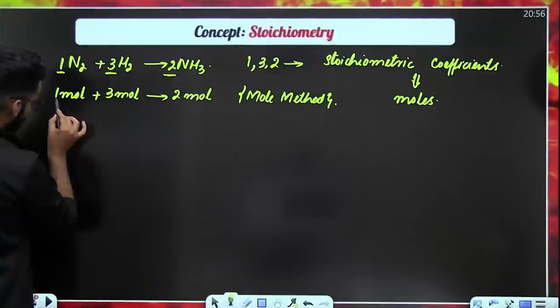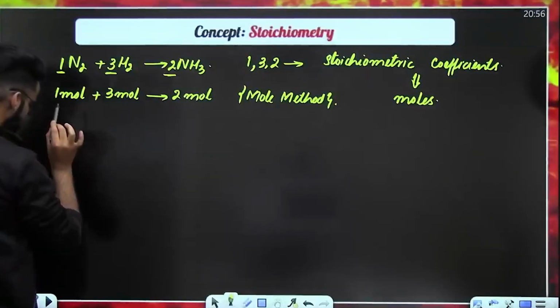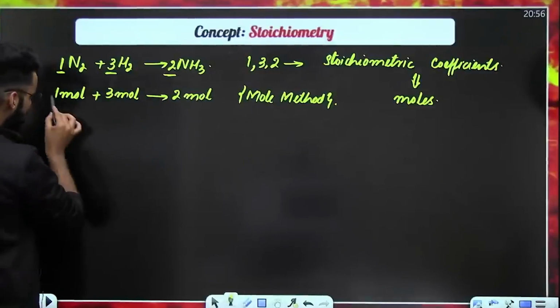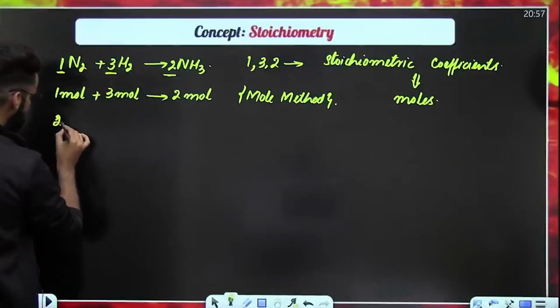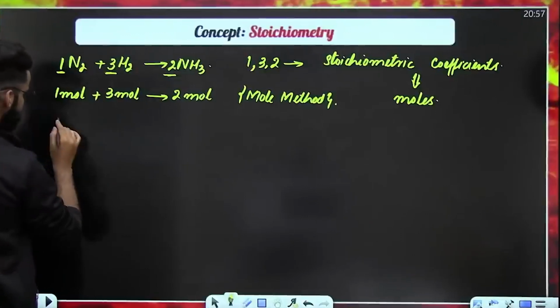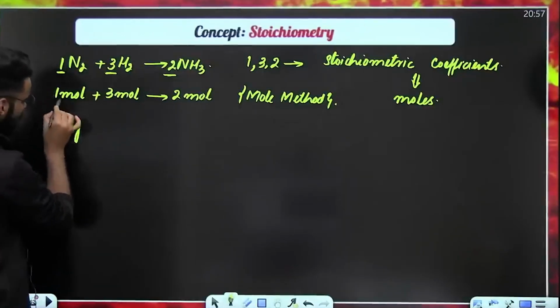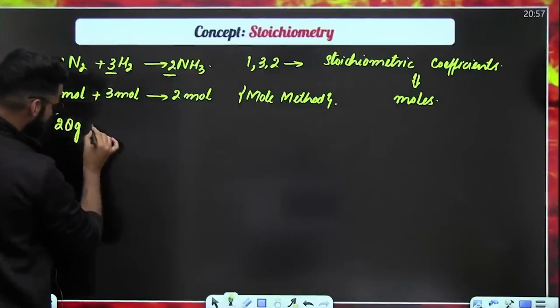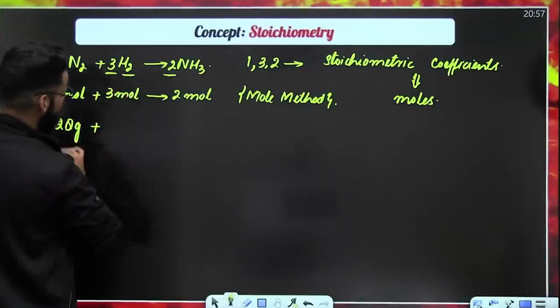If I ask you, what about the mass of 1 mole of N2? Mass of 1 mole of N2 means molar mass of N2. The molar mass of N2 is 28 grams. So instead of 1 mole of N2, you can write 28 grams of N2. Now, what is the molar mass of H2?